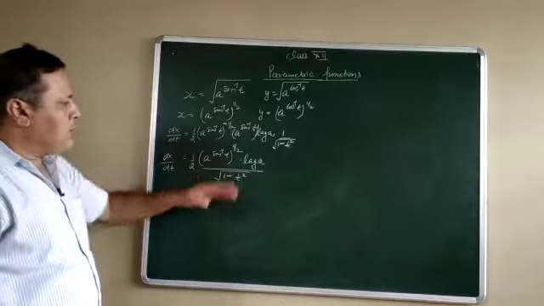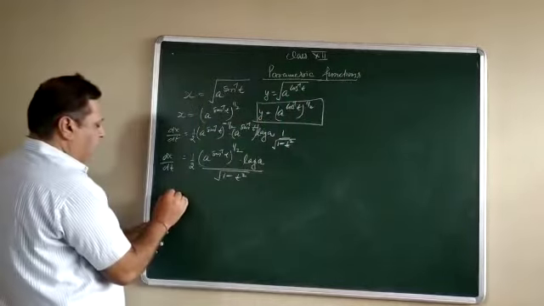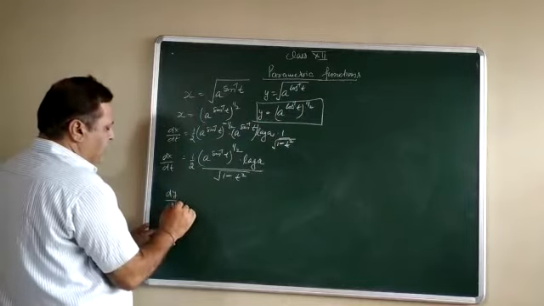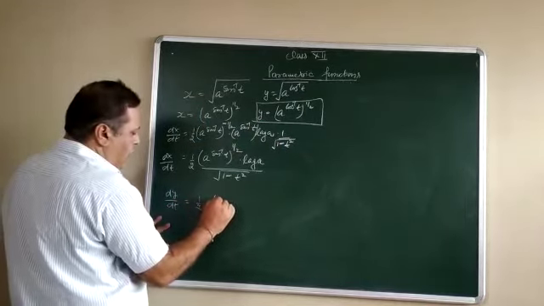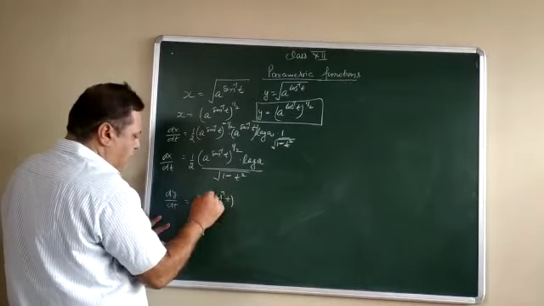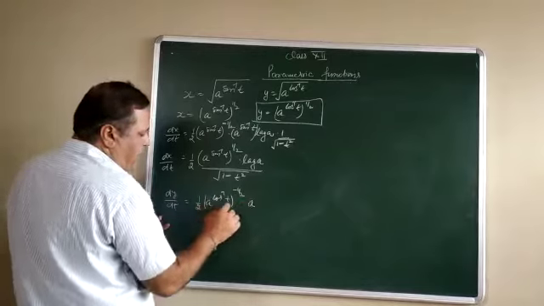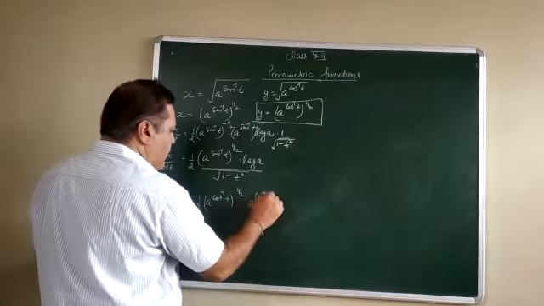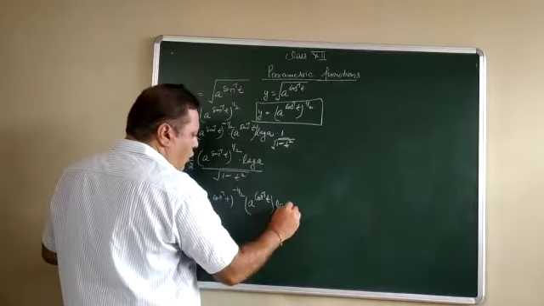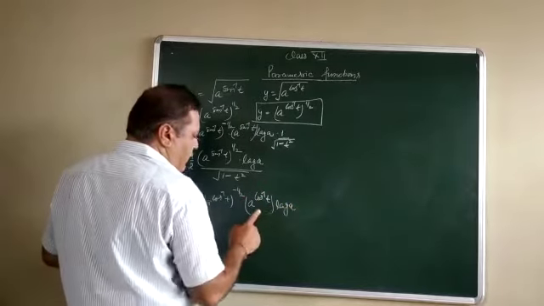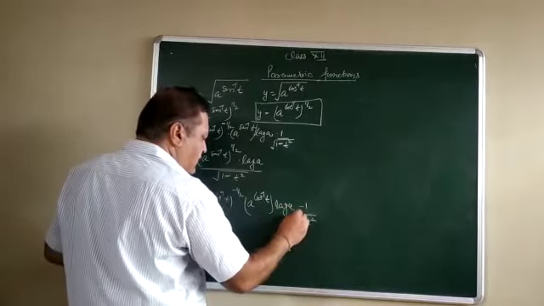Now come to y also. For y, see this one, this is y. dy/dt is equal to, again the same rule, 1/2 (a^cos⁻¹t) power minus 1/2. Power derivative, then the derivative of the function a^cos⁻¹t into log of a, and the derivative of cos⁻¹t is minus 1 upon the square root of 1 minus t square.